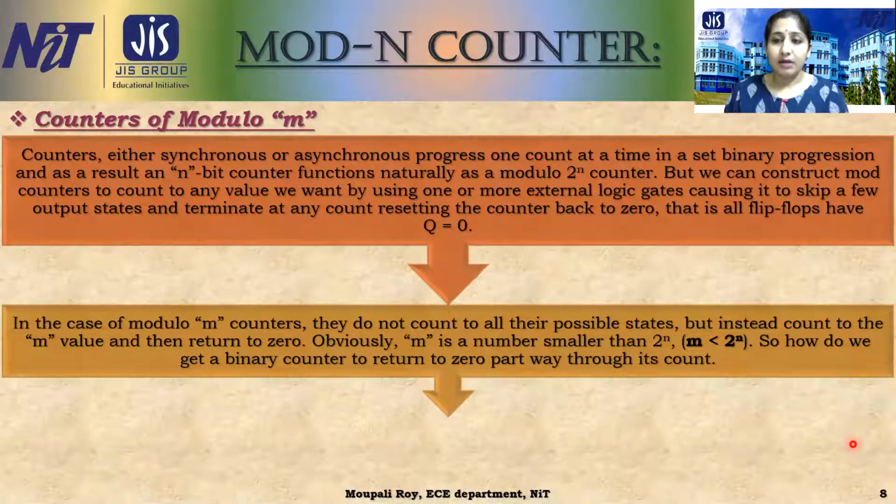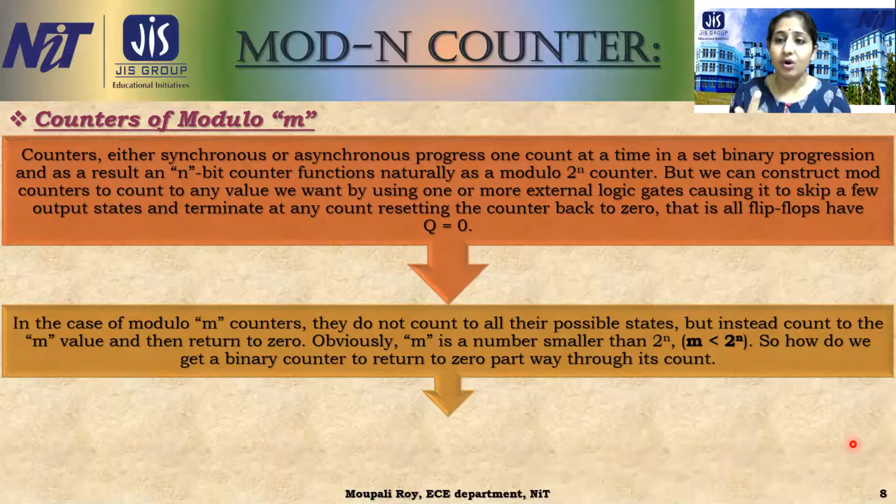What is the example? Obviously the m number is smaller than 2 to the power n. Suppose we want to count up to 4. If we take 2 to the power 2, which means 4, we can count 0 1 2 3, but here we want to count up to 4, that means 0 1 2 3 4.